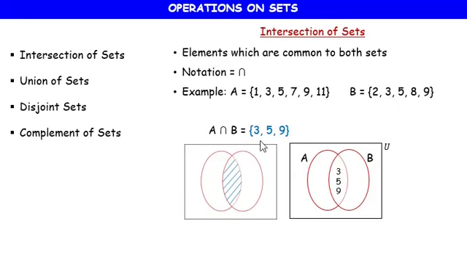So if I ask you to find A intersection B, all I'm asking you to do is compare set A to set B and then identify the members that are in set A and at the same time in set B. So clearly you can see that 3 is in set A, 3 is in set B, so 3 becomes part of A intersection B. 5 is in set A, 5 is in set B, so 5 becomes part of A intersection B. 9 is in set A, 9 is also in set B, so 9 becomes part.